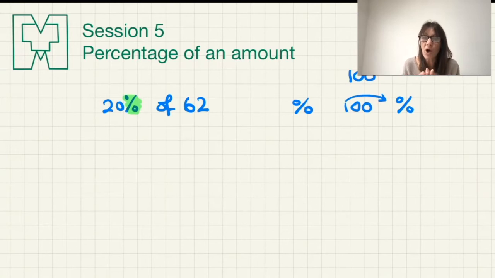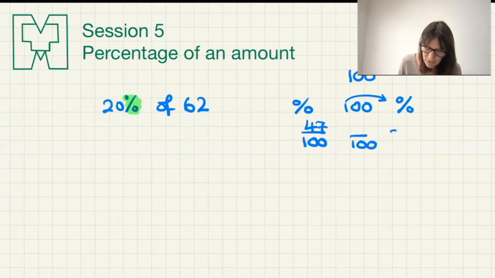out of 100. Out of 100 looks like this, yeah? If you got 47 out of 100 in a test, that's what it would look like, 47 out of 100. So if you were given 20%, it would be 20 out of 100.